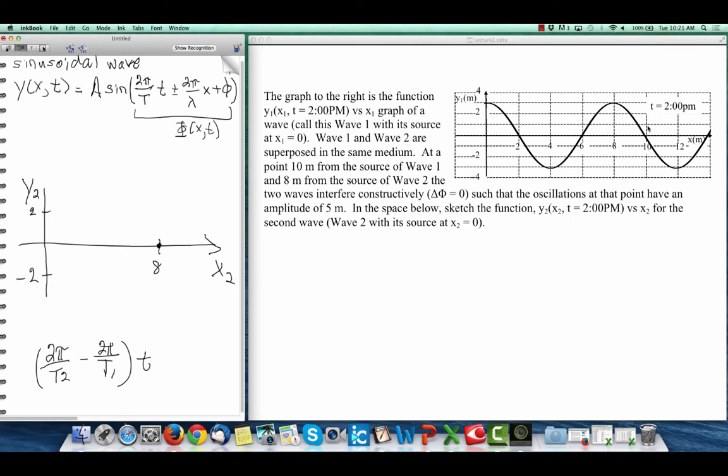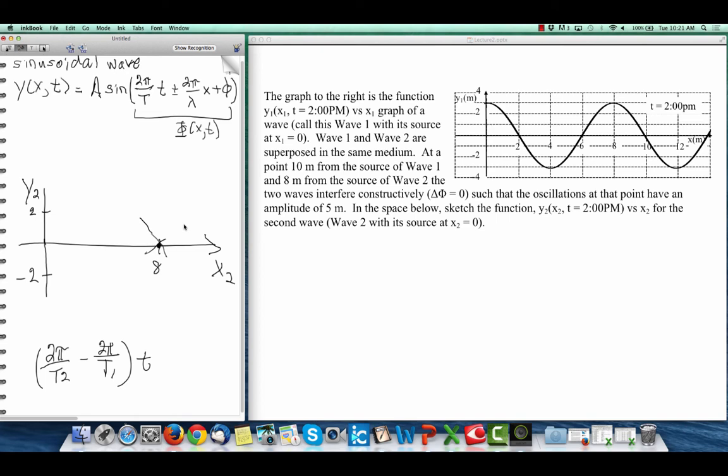This wave here, its source is at x2 equal to 0. That means it's also moving to the right. Right now it's 0. Shall I draw the wave this way so that there's a peak up there, or shall I draw it this way so that there's a peak up there? Which one? First one?